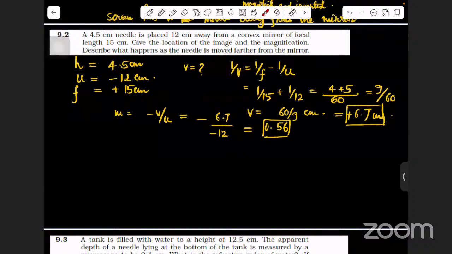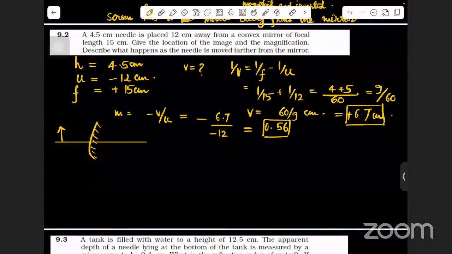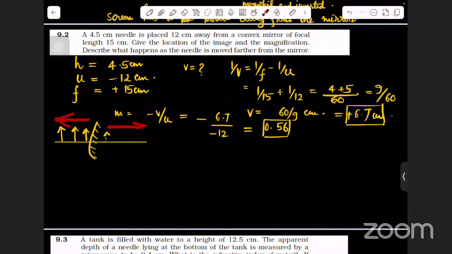Now, for a convex mirror, as we did with the previous one, the image is always towards the right side and it's a virtual image, right? And if you shift the object towards the mirror, then the image also comes towards it. So if you shift the object away from the mirror, the image also moves away from the mirror.